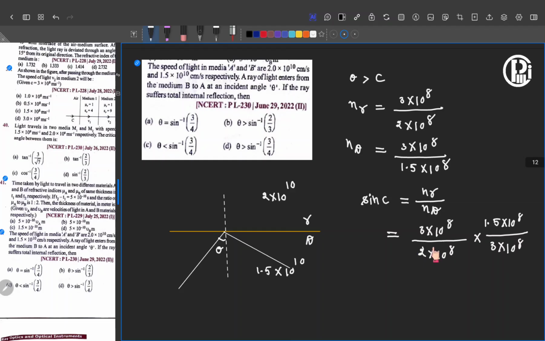The 3 into 10 power 8 cancels. 1.5 can be written as 3 by 2, so that is sin C. And C is equal to sin inverse of 3 by 4. Therefore theta should be greater than sin inverse of 3 by 4. So option 4 is the answer.